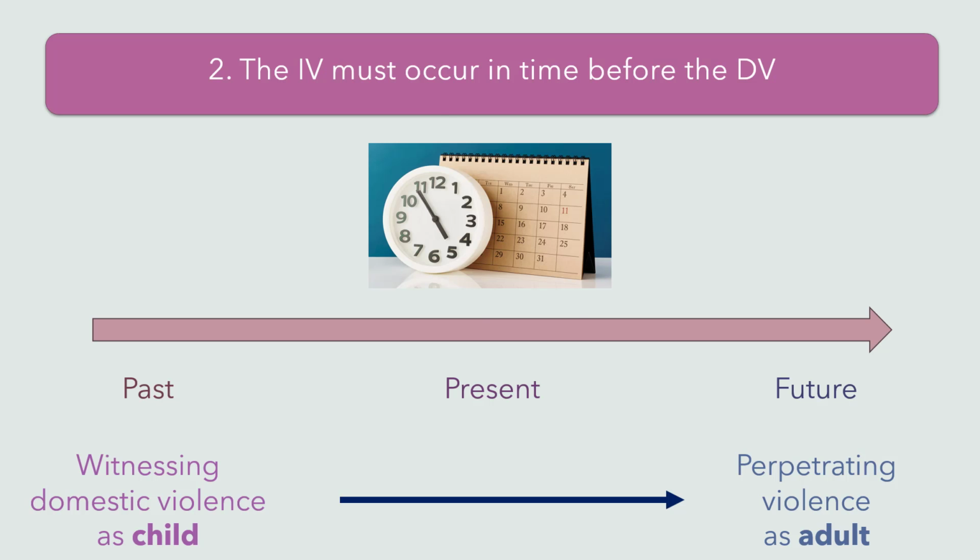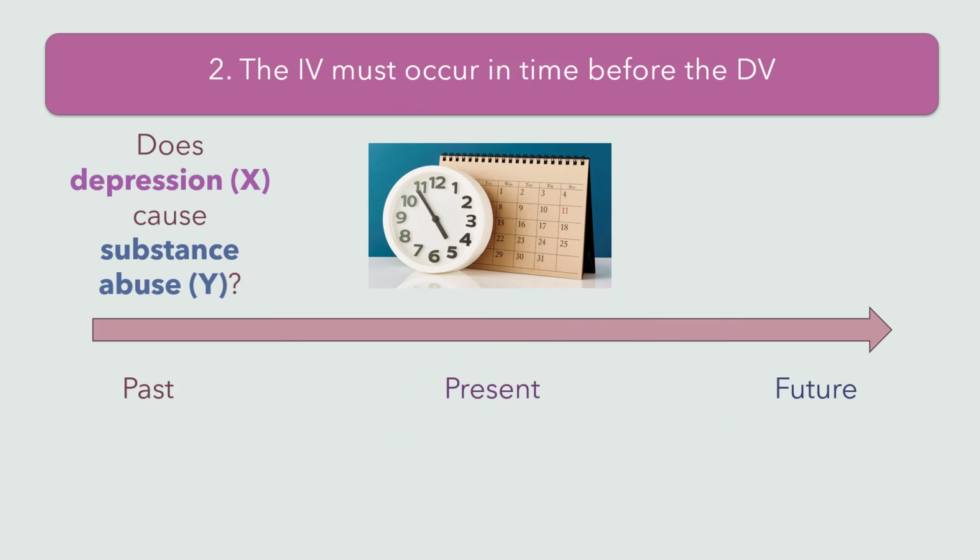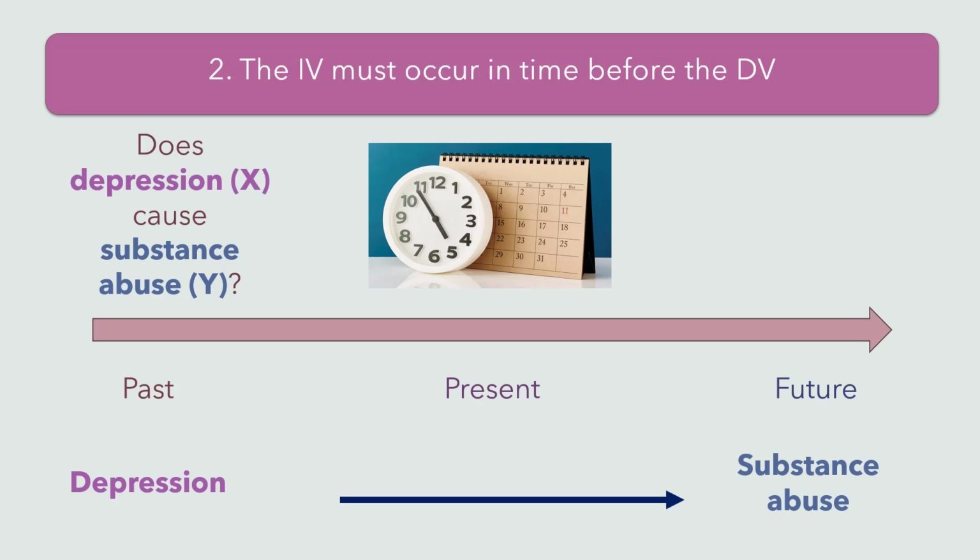So I'm going to give you another example where time and what came first may be in question. Let's say I want to know, does depression, the independent variable, cause substance abuse? Well, in terms of time, we would have to establish that the depression came first, a person was depressed, and then they started using or abusing substances, right?